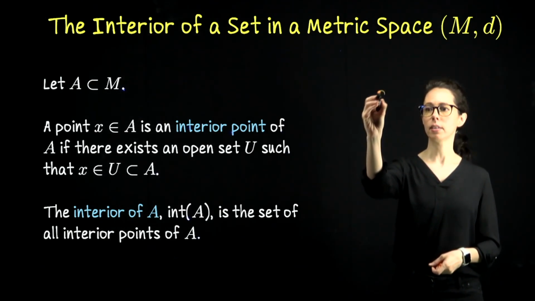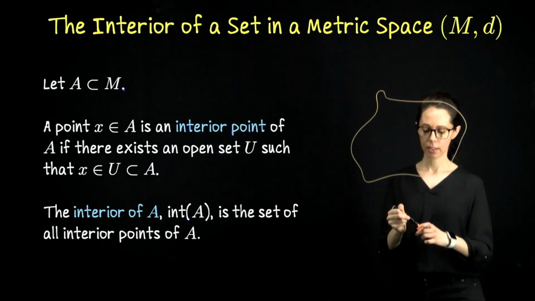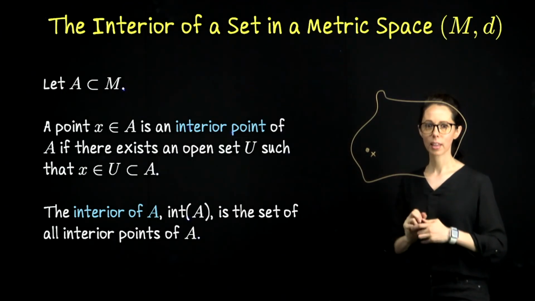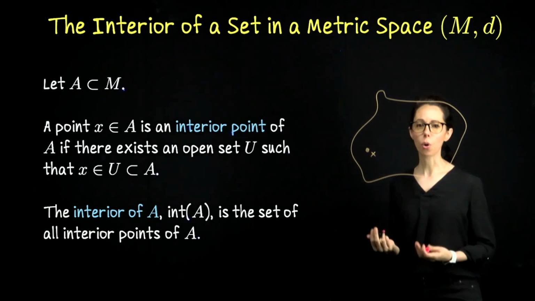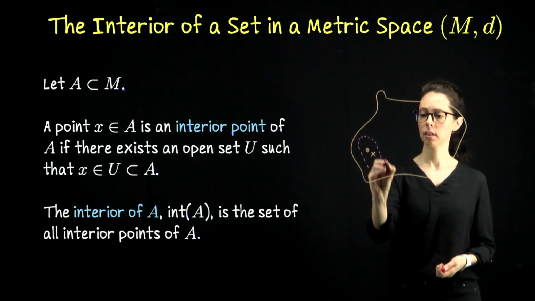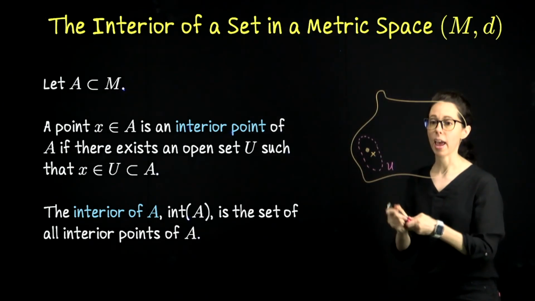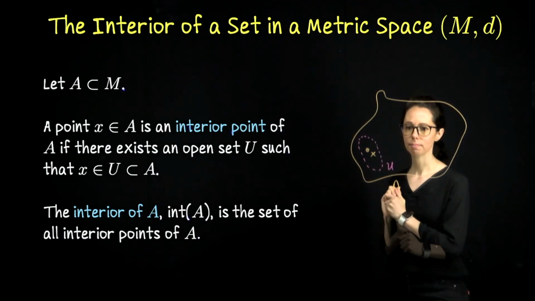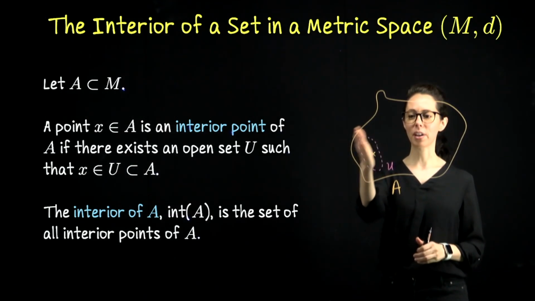So I like to imagine, here's A, could be open, doesn't have to be. Here's X. X is an interior point if I can find an open set U, so let's say this is open, which contains X, but which is contained in A. You'll notice in this picture that I gave you kind of a funny shape.